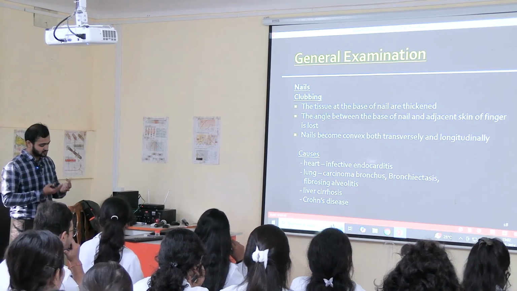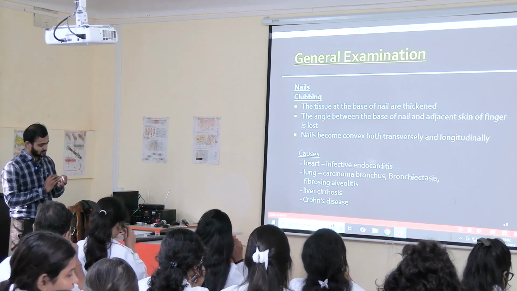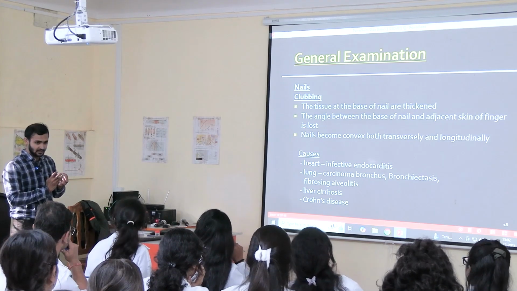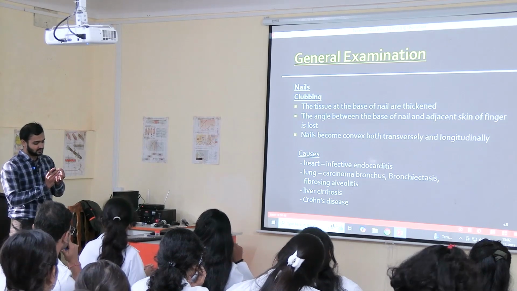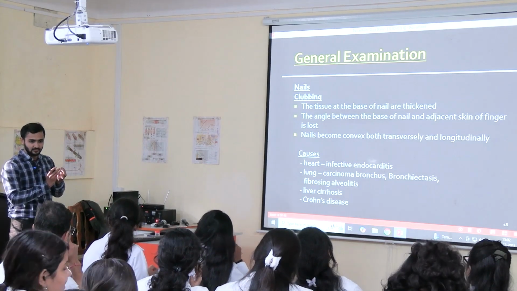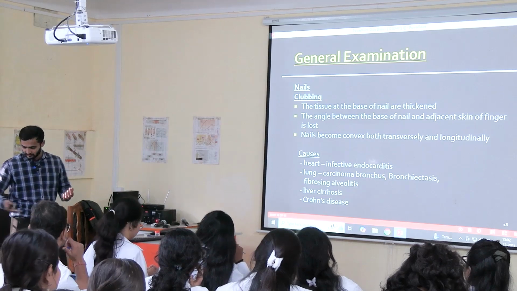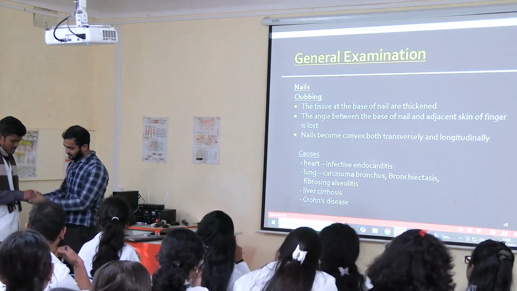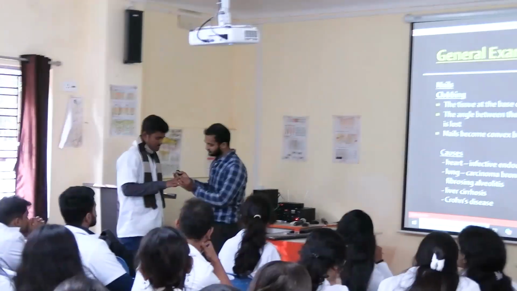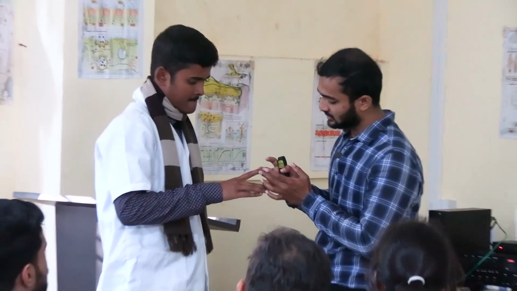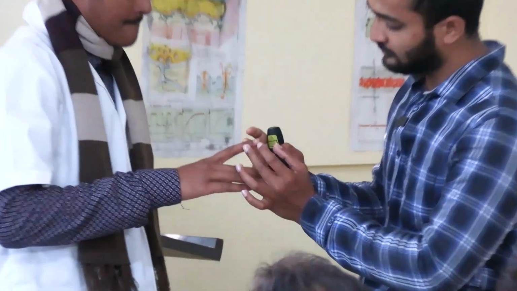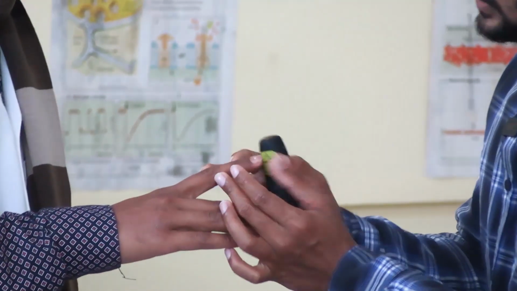In the fluctuation test, we fix the distal phalanx, and with the tip of our finger we press from one side and feel it with the other finger. You can come here, I'll show you. If the patient or your colleague had clubbing, we'll fix with the middle finger and thumb, and we'll feel with the index finger.